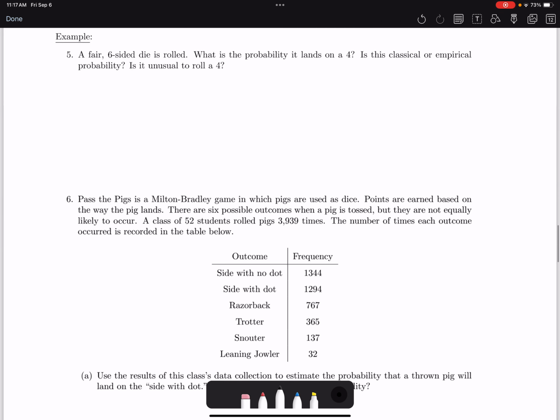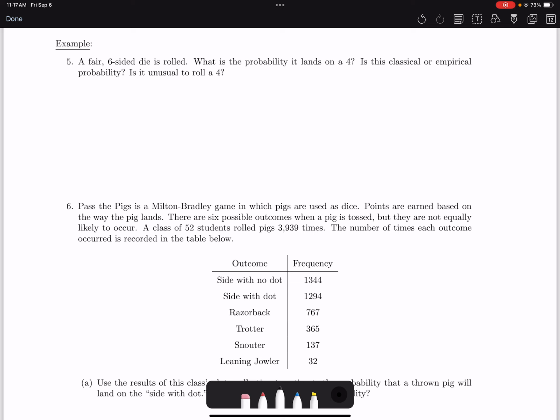Number 5 here says, a fair six-sided die is rolled. What is the probability it lands on a 4? We'll calculate that, and then it asks a follow-up question: is this classical or empirical probability, and is it unusual to roll a 4? Well, let's see.